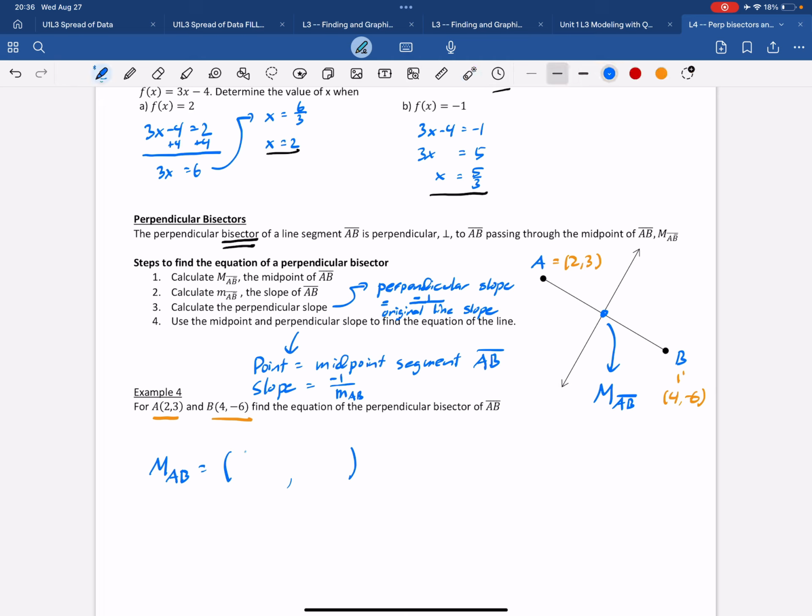The average of the x's is 2 plus 4 over 2, and the average of the y's is 3 plus -6 over 2. So this equals 6 over 2, comma, -3 over 2, and that's really 3, -3 over 2. That is the coordinate of this point here.